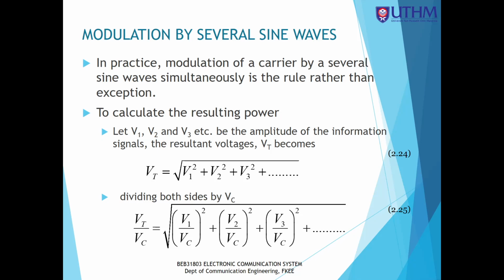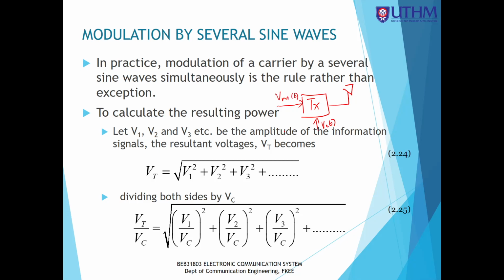So what is modulation by several sine waves? Imagine a modulator in the transmitter. This transmitter receives the carrier VCT, and we already know that the input here is VMT.